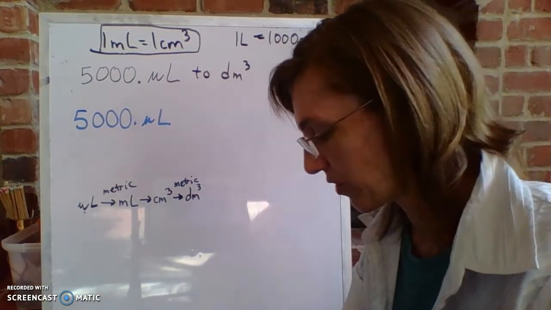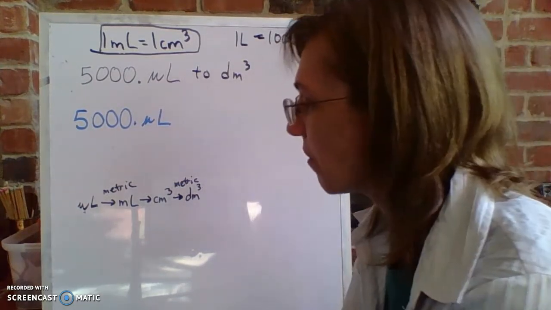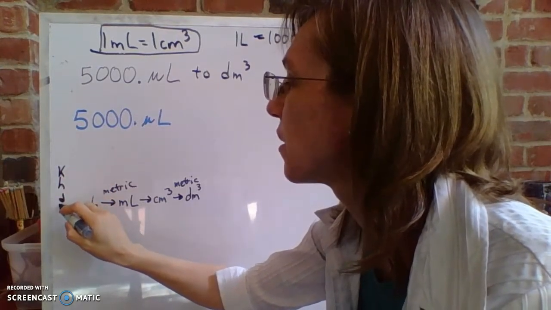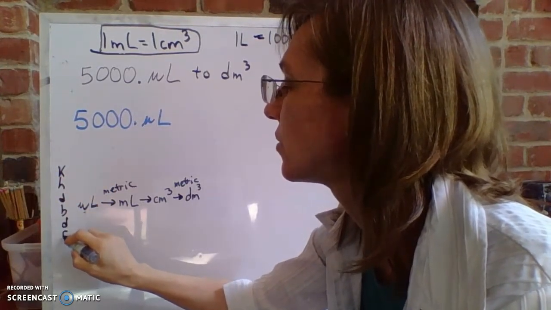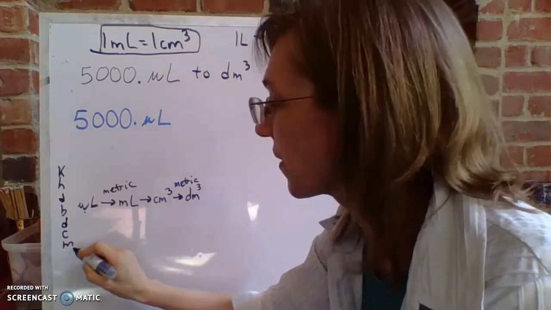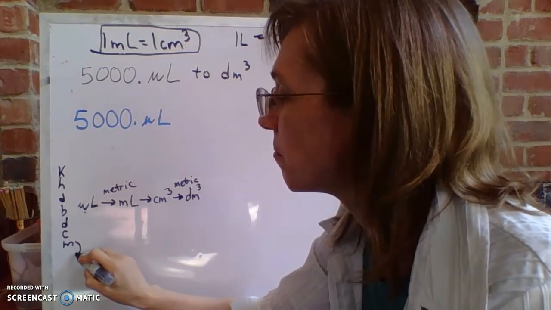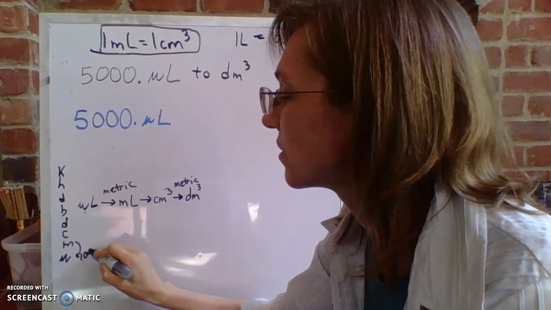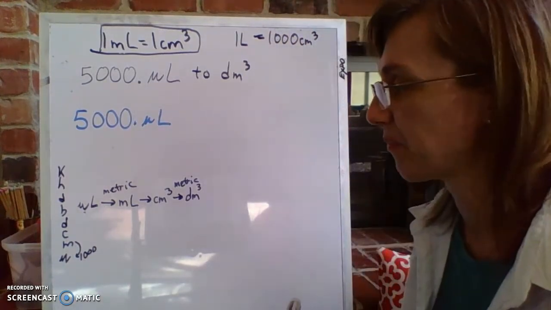All right, so let's put up our King Henry doesn't bother drinking chocolate milk. And then remember, from milli to micro, we've got 1,000 difference here.